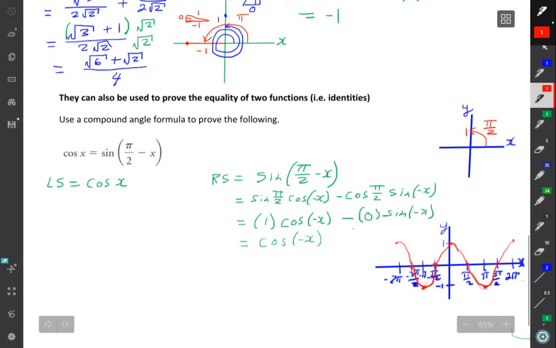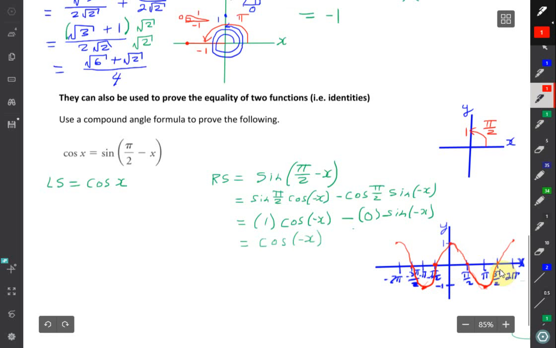Now in the future, you don't necessarily have to draw these diagrams if you already know the relationship from your familiarity with these graphs. But just notice here that when I do a minus, think of your transformations, that's a horizontal reflection across the y-axis.